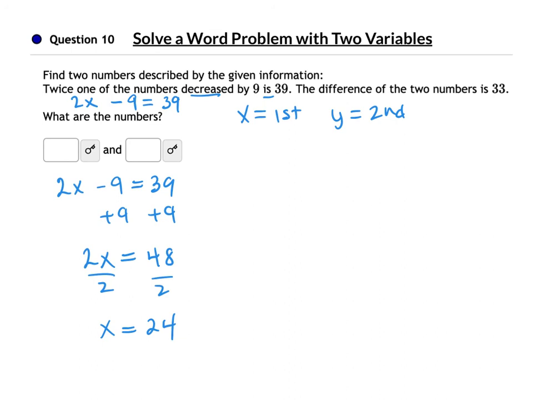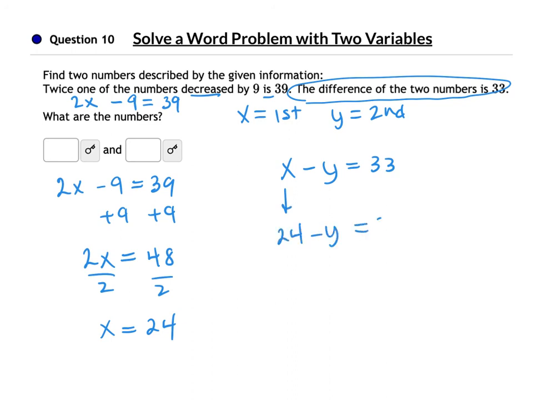Now our second equation is that the difference of the two numbers we're talking about, so that would be x minus y, that's the difference of the two numbers. It equals 33. So I'll plug in 24 for x, 24 minus y equals 33, and subtract 24 from both sides.